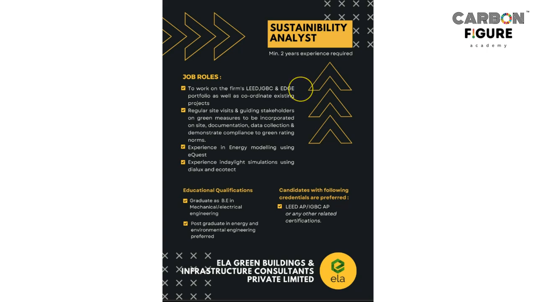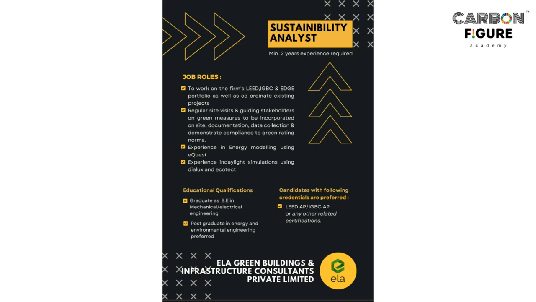So if you get IGBC AP, you can be a part of the relevant IGBC certification projects. You can work in others as well, but what a company would expect is that they have a team of 5 or 10 people maximum.